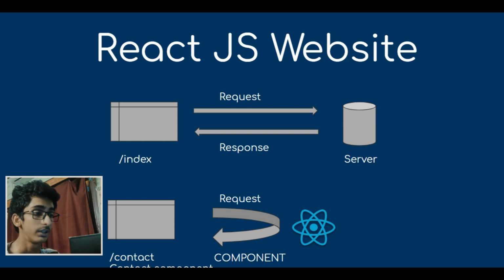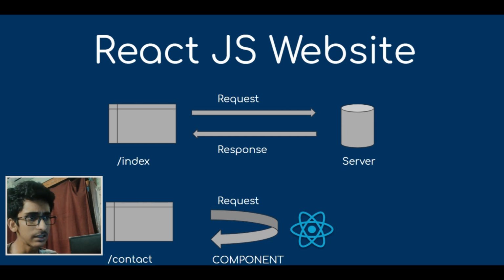We are sending a request to the React file, and React checks whether it has any component related to that request. As you can see in the slide, we are requesting the contact component, and React sends us back the contact component, and React DOM renders that component in our index file.